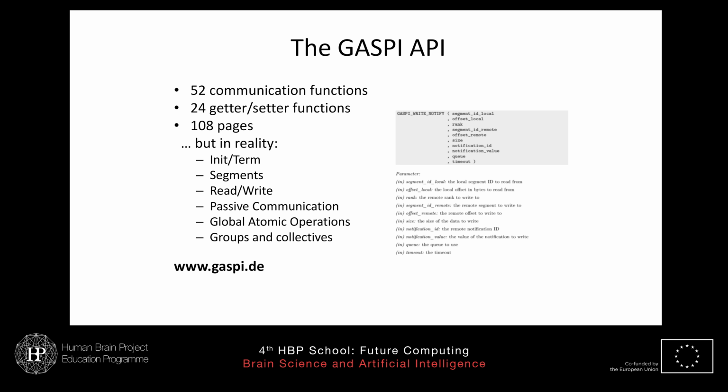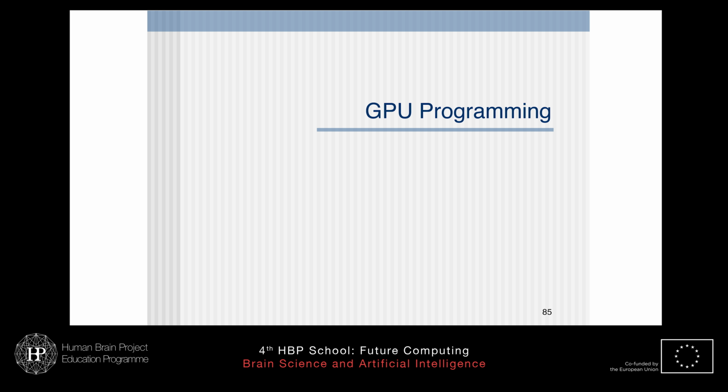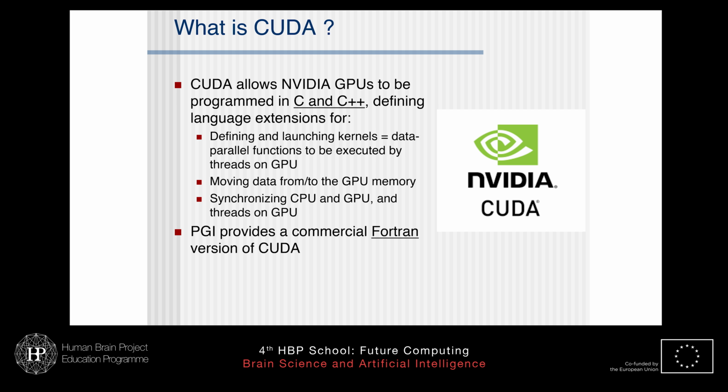What else can we have? What are you using for your deep learning, your deep neural networks? GPU, right. Do you program your GPU with MPI? No, right. So to make things even more complicated, we need yet another programming model to go to GPUs. And the most common way to program GPUs today is CUDA.